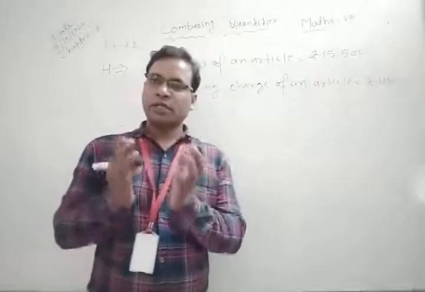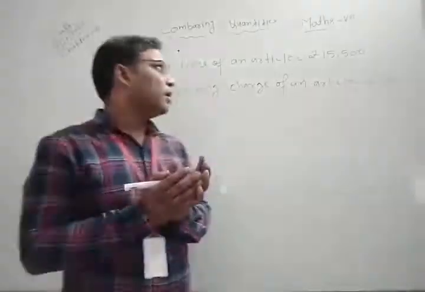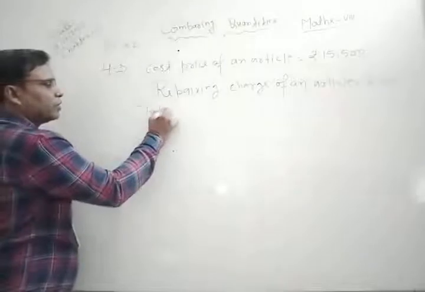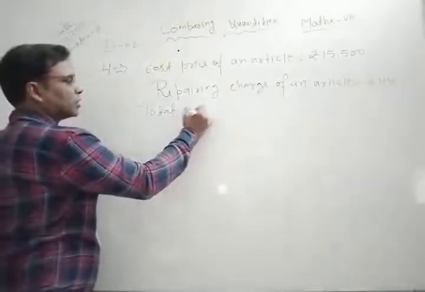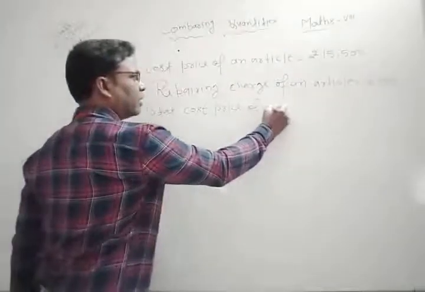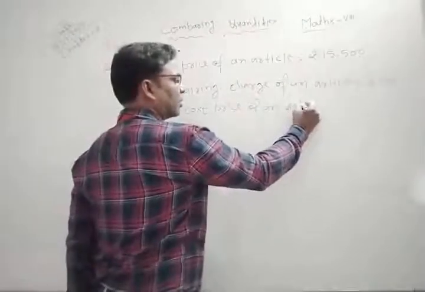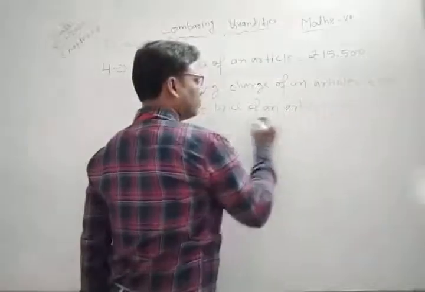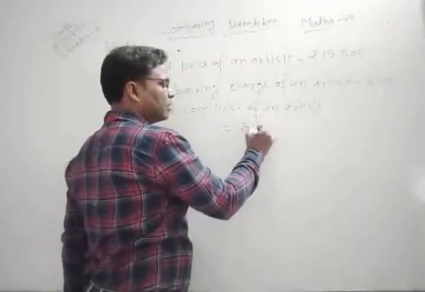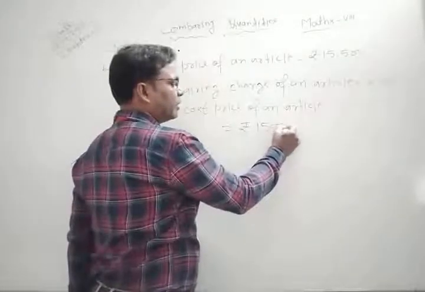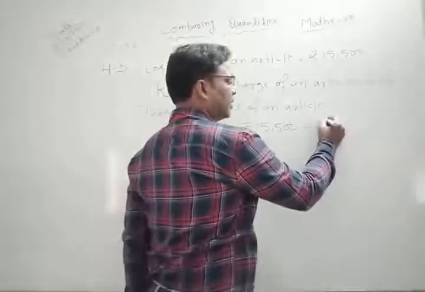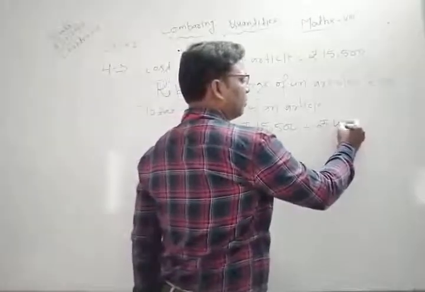So what is the total cost of an article? We can write here: total cost price of an article is equal to the cost price 15,500 rupees, plus the repairing charge of 450 rupees.